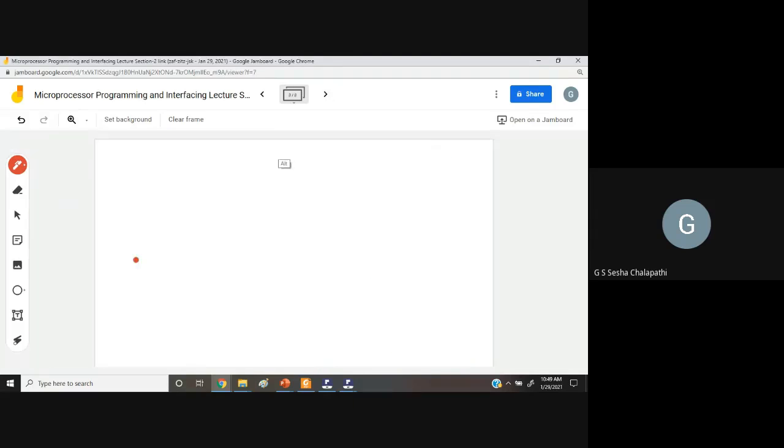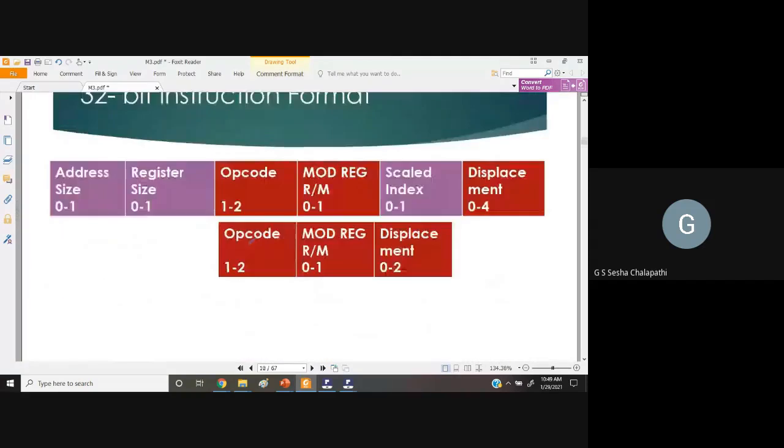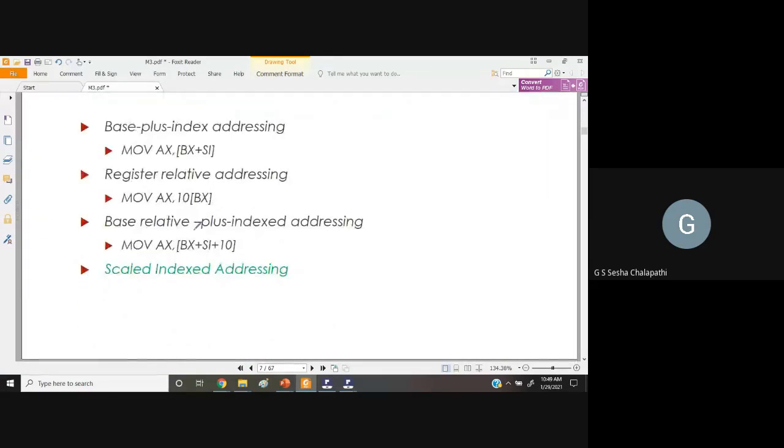Then we have one of the last things. Let us continue in the next class. We have two more addressing modes to cover, that is the base relative plus index and the scaled index addressing mode. I will take an example in the next class. However, I will just tell you MOV AX, BX plus SI plus 10.